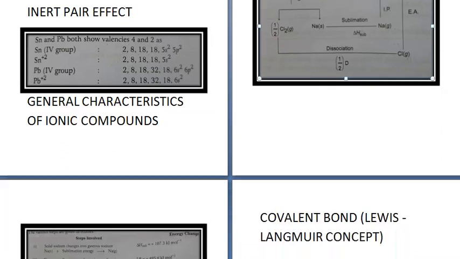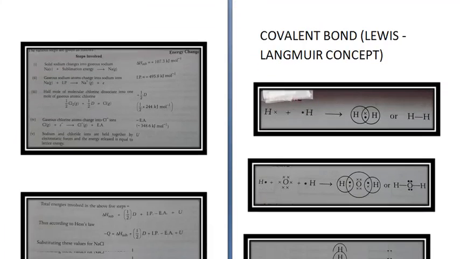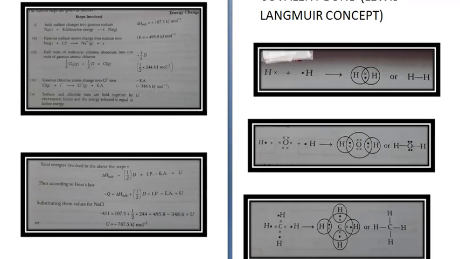So let us see over here. First step, like I told you, solid sodium is changing into gaseous sodium, energy is 107.3 kilojoules per mole. Second step, gaseous sodium is converting into ionic sodium, so ionization potential is 495.8 kilojoules per mole. Third step, half mole of chlorine is dissociating into 1 atom of chlorine, gaseous state.